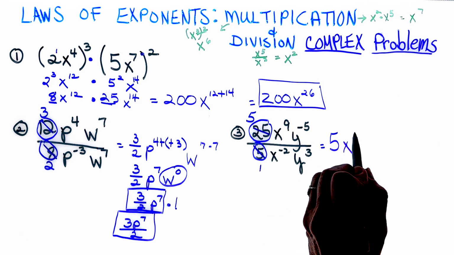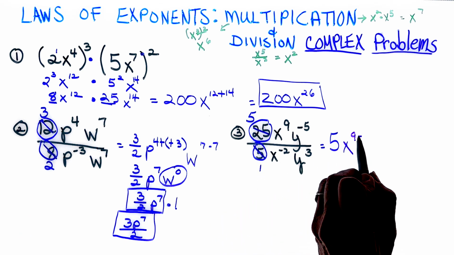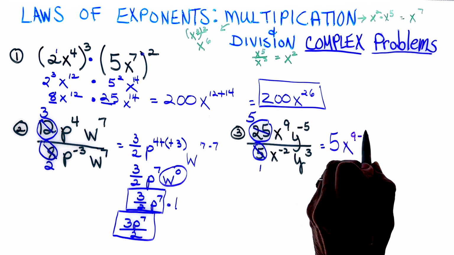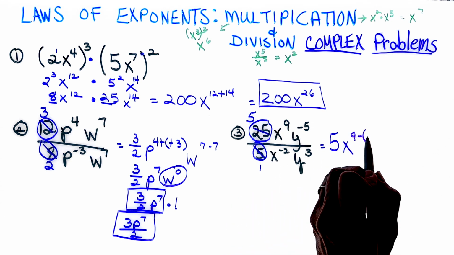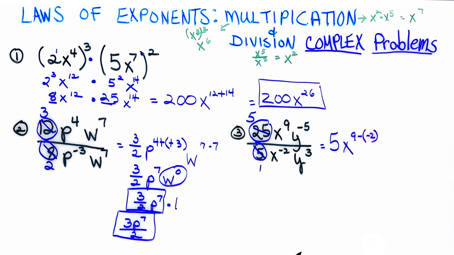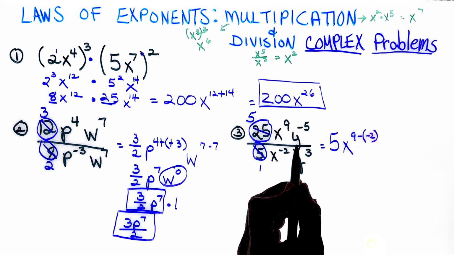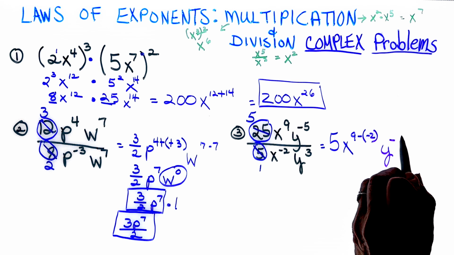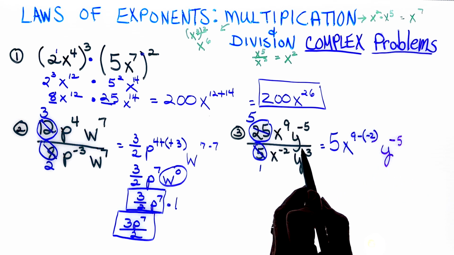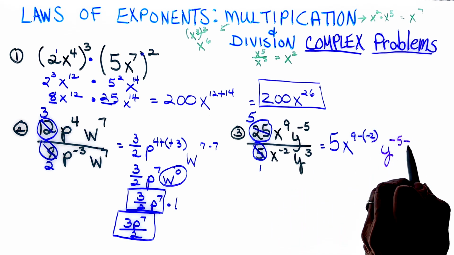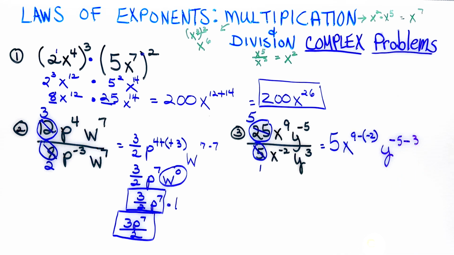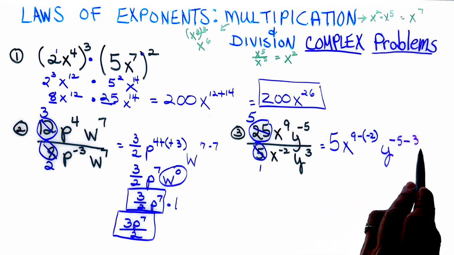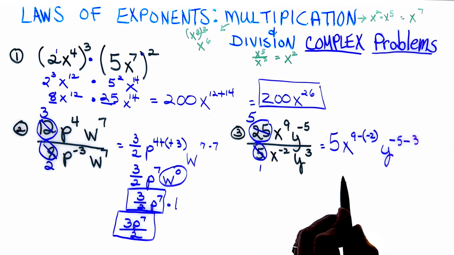So it's x to the 9, a subtraction sign, and the denominator is a negative 2. And now we're going to do the y. So it's y to the negative 5. Again, it's a division problem, so we're subtracting a 3. So let's go ahead and do that little subtraction.